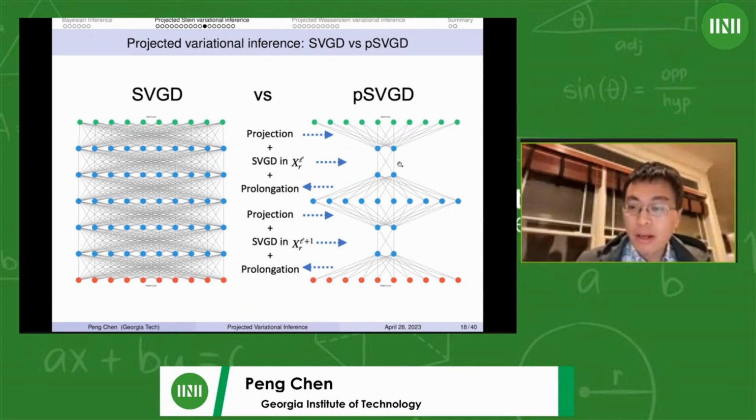And then after certain convergence, you can prolongate it to the original dimension, and you can project the dimension again down to another subspace that you construct adaptively. This way, you can push all the particles step by step towards the posterior distribution.